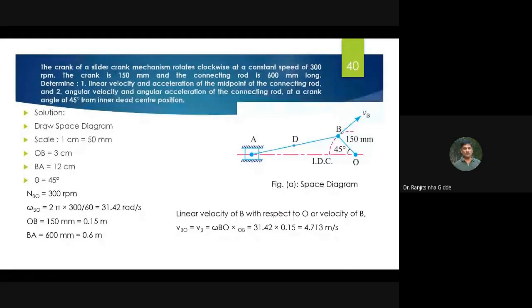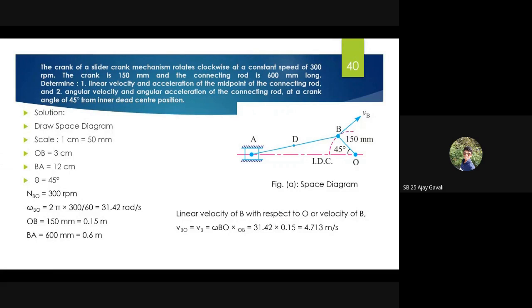Prem Sawan. Then Shantanu, up to this completed? Shantanu? Ajay, up to this completed?